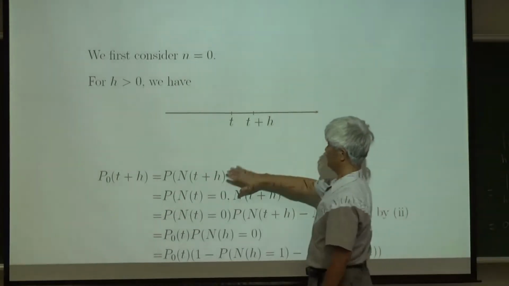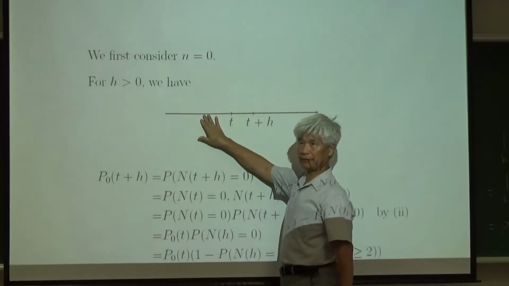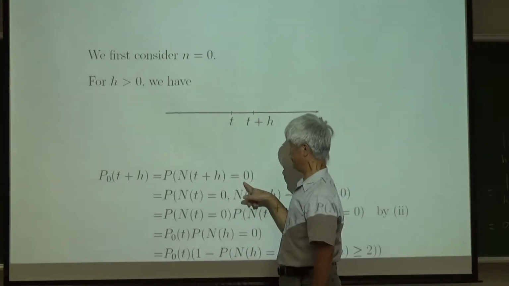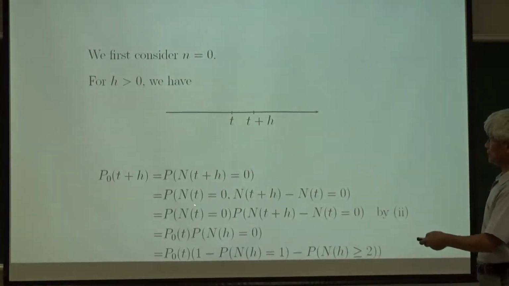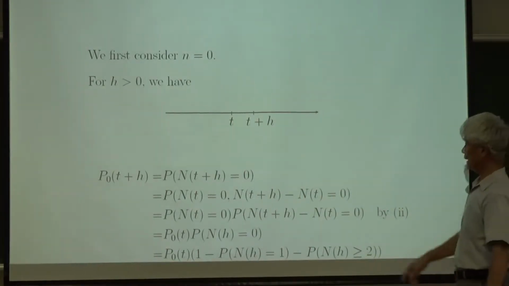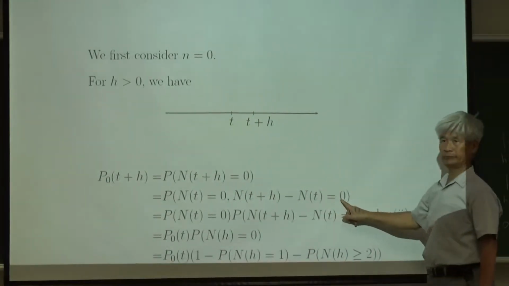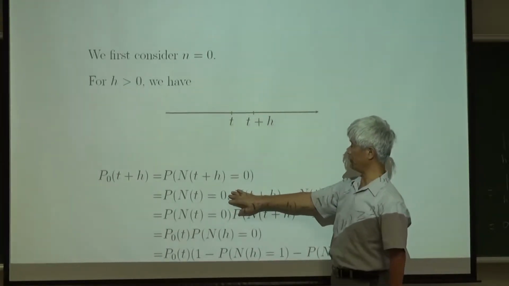So it says that up to time t+h, there is no arrival. The counting process is 0. Okay. So that means that up to time t, there is no arrival, and in between t and t+h, there is no arrival. So this joint event is equivalent to this event.